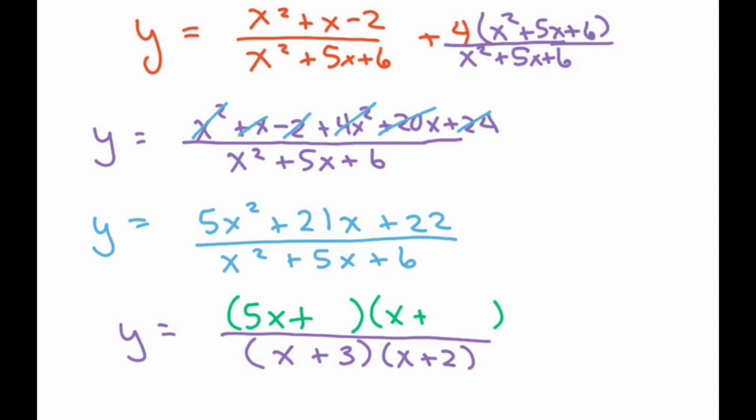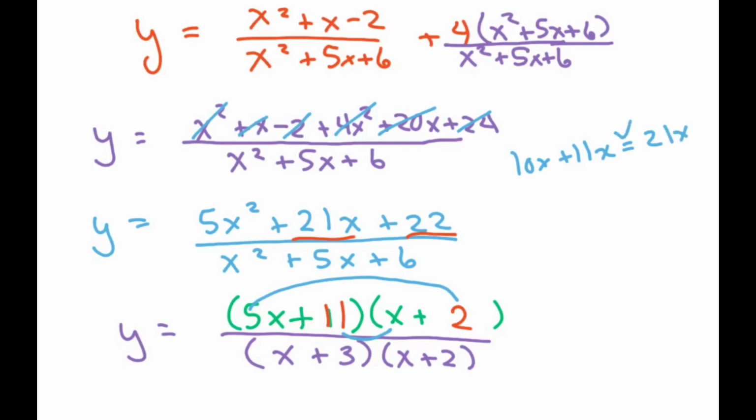So if I put 11 here, let's do that in red. Let's check it out. Put 11 here times 2 will give us 22. Let's see if we get a 21 out of this. So this would be 10x plus 11x. Does that equal 21x?